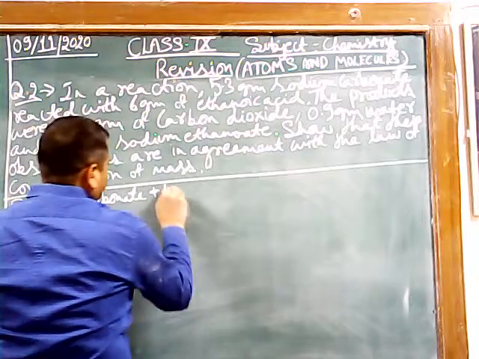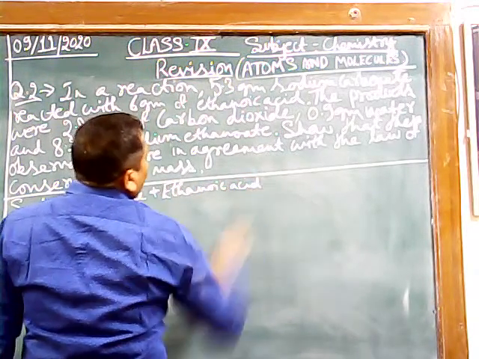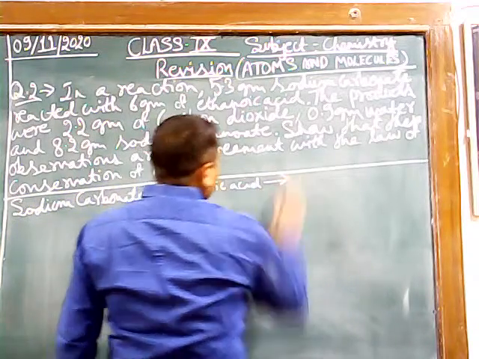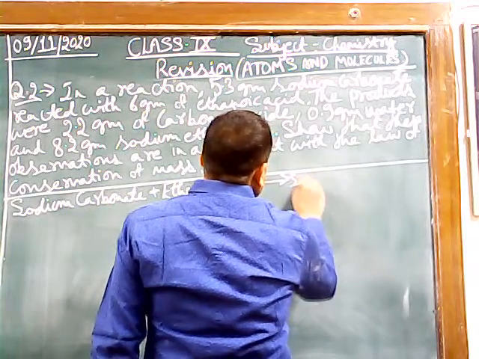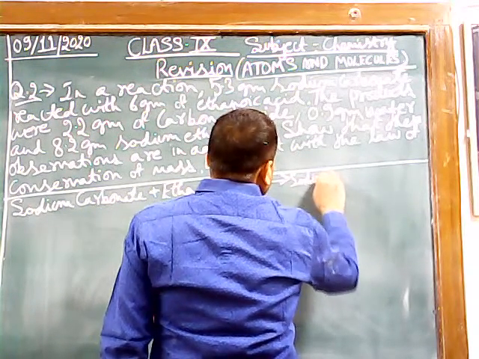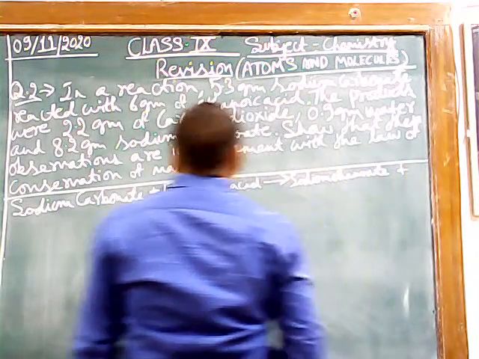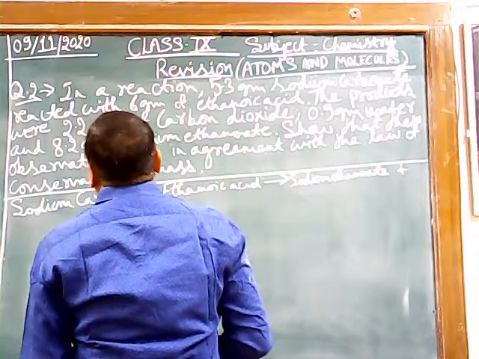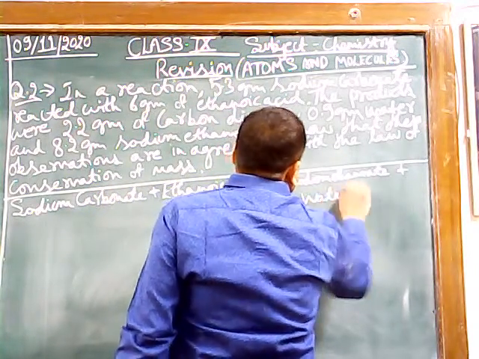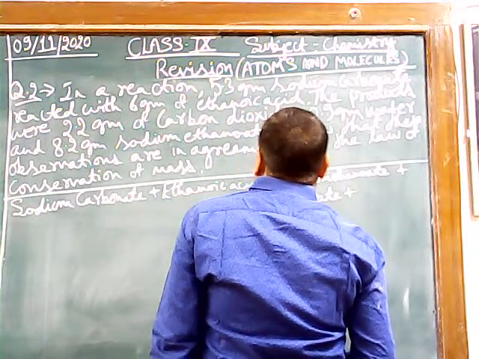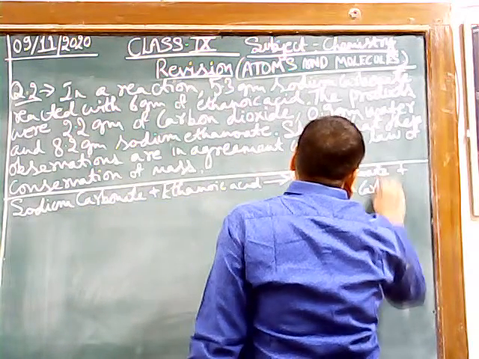ethanoic acid. The products are sodium ethanoate plus water plus carbon dioxide.